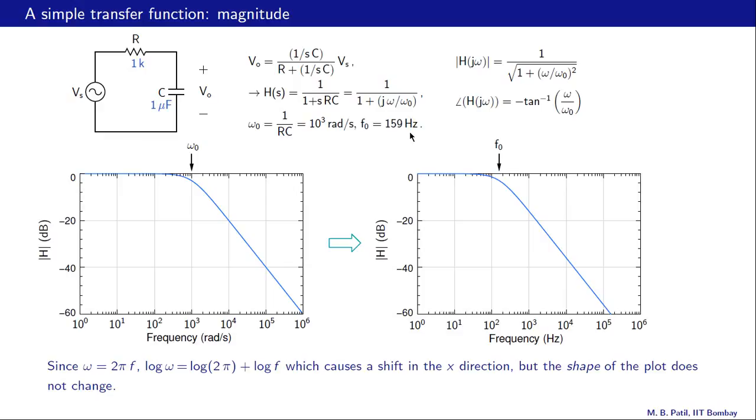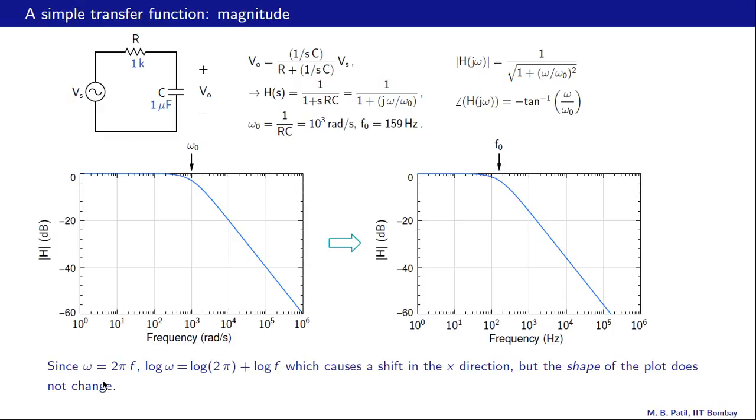So what will happen as a result is this omega 0 point will now shift to 160. Where is 160? This is 10, this is 100. 160 is somewhere between these two. That is where it is. And this happens to every other frequency point, and therefore the entire mod h versus omega curve shifts, in this case leftward.